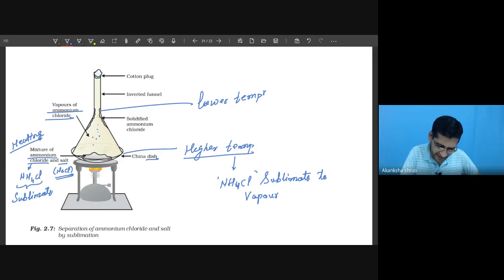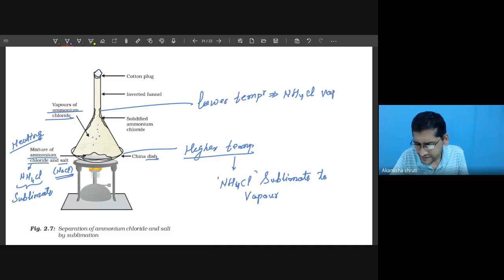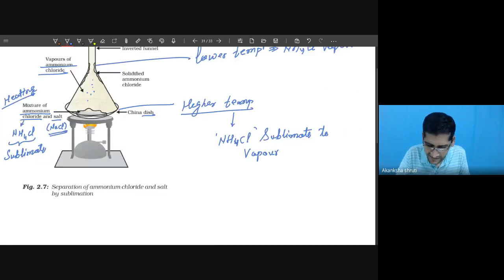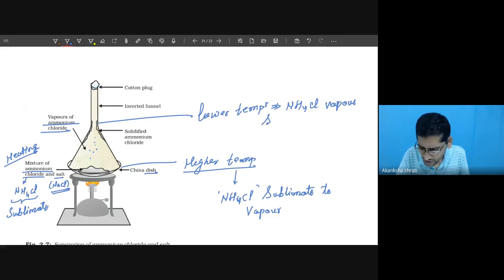But at this lower temperature area, this ammonium chloride vapor will condense back to solid. So NH4Cl vapor sublimates to solid.